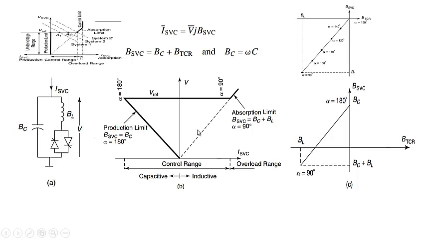So for example, if the system voltage is this much, the current drawn by this capacitor will be this much, and there will be no control. We will not be issuing any alpha or firing to this. We'll keep it off, so it will act like a reactance.